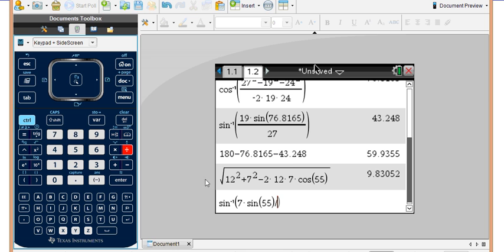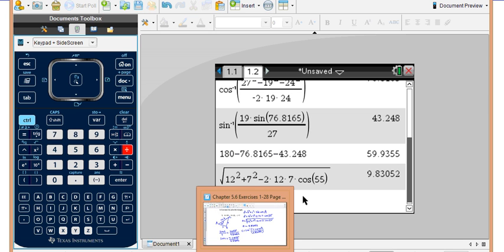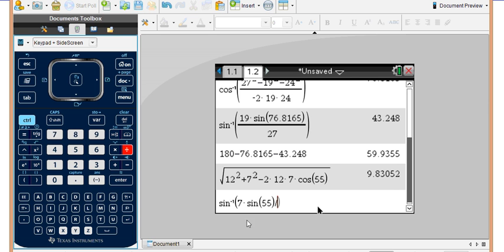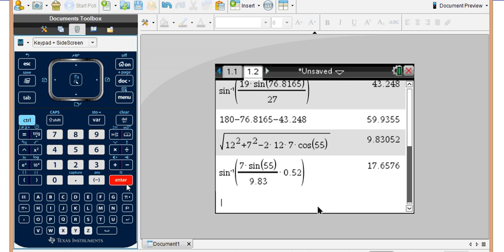We'll divide by 9.83052, and enter. We get 17.0.6576, and see, this really didn't work out.